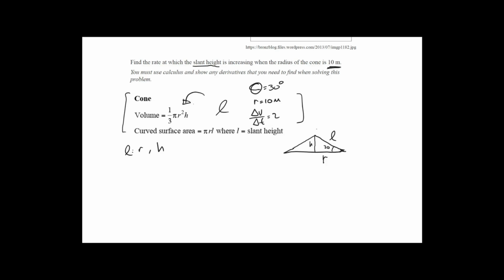All right, so let's work out L in terms of H and R. Really, it's R in terms of L and H in terms of L, to be fair. So H is the opposite side, L is the hypotenuse side, so we can use sine. So sine of 30 degrees is going to be the height divided by the slant height.